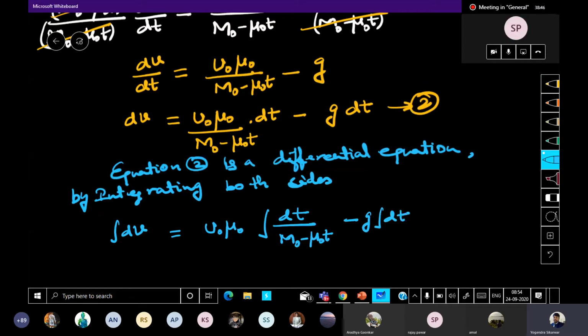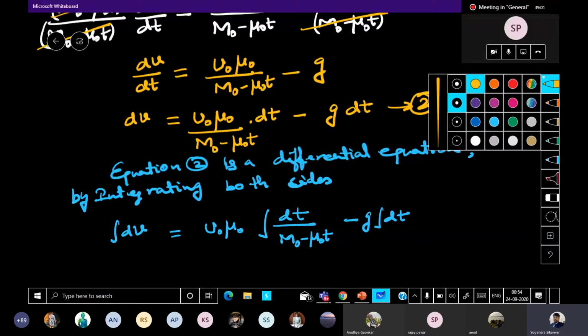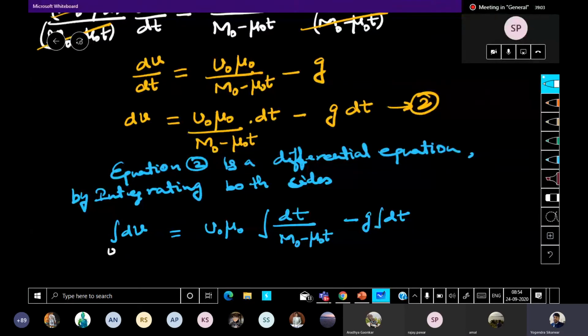Now listen very carefully. The initial velocity of the rocket was 0. Initial time was t equal to 0. So these are the initial parameters. When time was 0, the velocity of the rocket was 0, right?